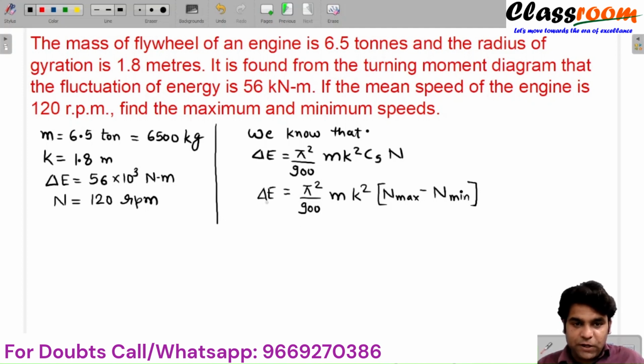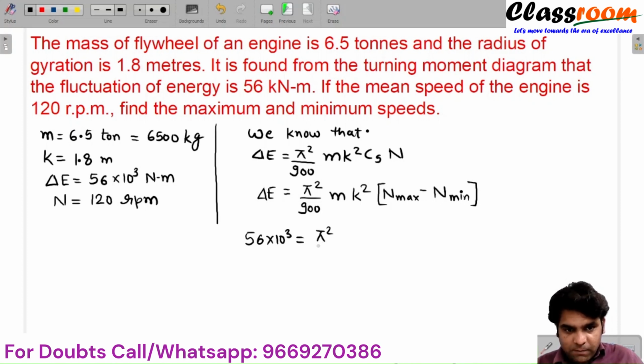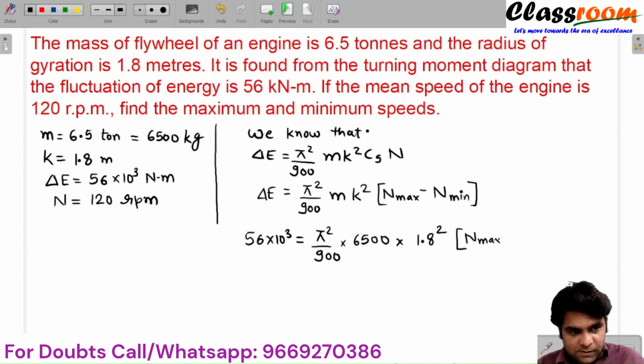If I substitute the value of delta E, which is 56 into 10 raised to 3, pi square by 900, the value of m as 6500, and the radius of gyration 1.8 square, I don't know the value of Nmax minus Nmin.